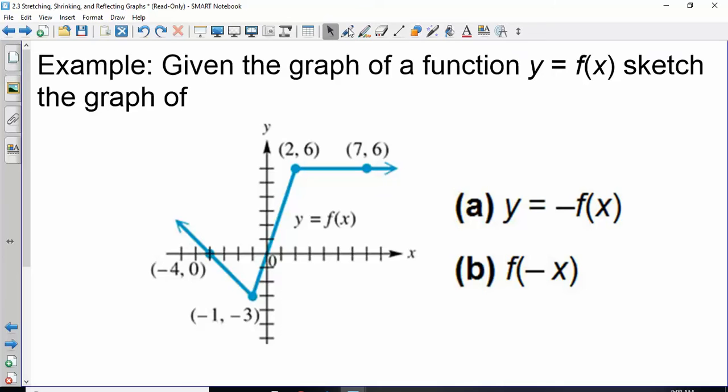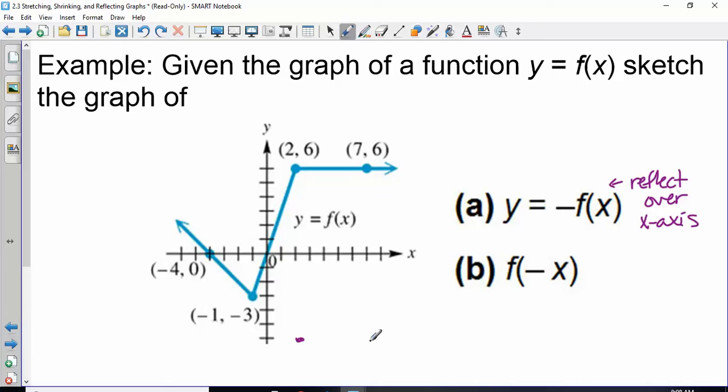So when I look at this one, if a negative is out in front, it's essentially making all of my y's negative. What does that do to the graph? Flips it over the x-axis. If you think about it, if I take these actual points, this is 2, 6. If my y becomes negative, it goes to 2, negative 6.